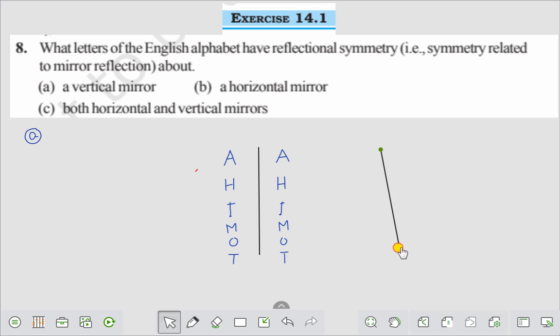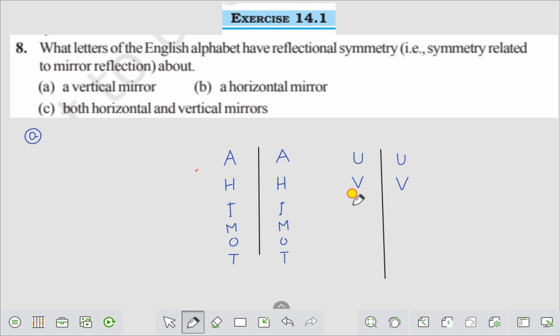If we take the various other letters, if we take U, the image will be like this as U. If you take V, the image will be like this, same as that.